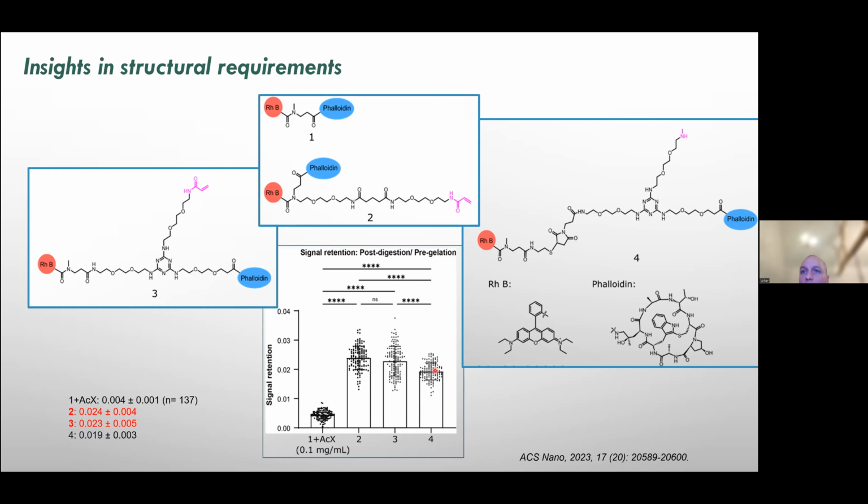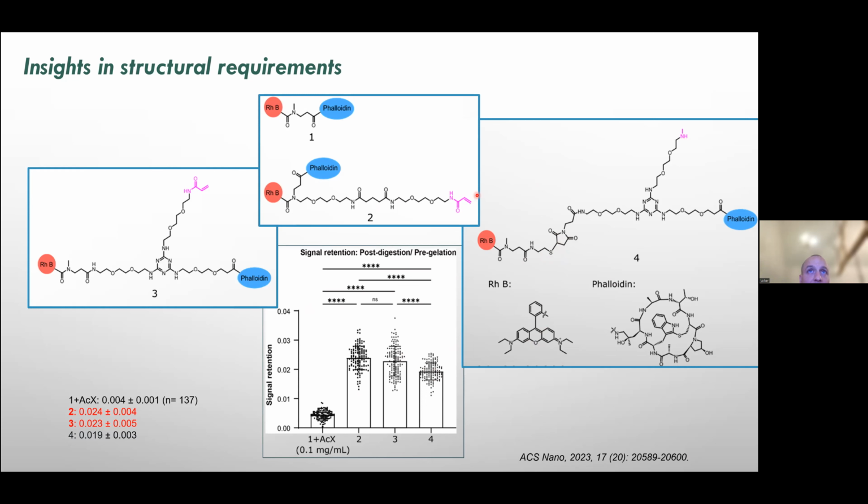And you see that they also work slightly less, and that's probably because this bond here will not be super stable in the acrylate polymerization process. But in all, the linkers seem relatively robust in making actin signals, and we do need the acrylate system.